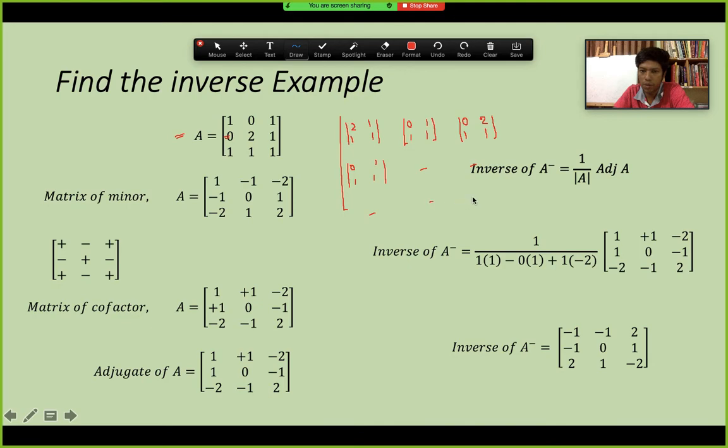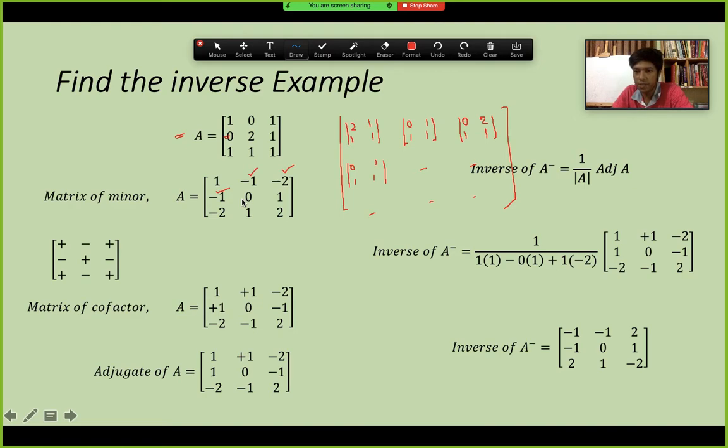And our calculations after this line, from here you will have 2 into 1 means 2, 2 minus 1 means 1, then 0 into 1 means 0, 1 into 1 means 1, minus 1, because this minus this, that's why minus 1, then 0 minus 2, that's why minus 2 here, then 0 minus 1, that's why minus 1 here. Okay, and this way if we continue, all other values will come.